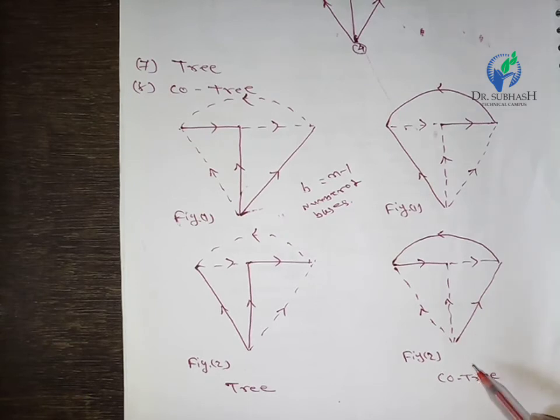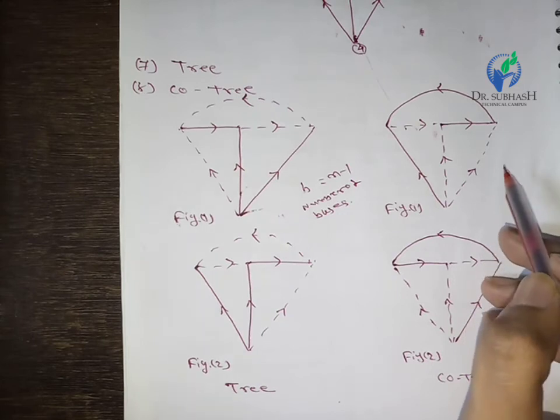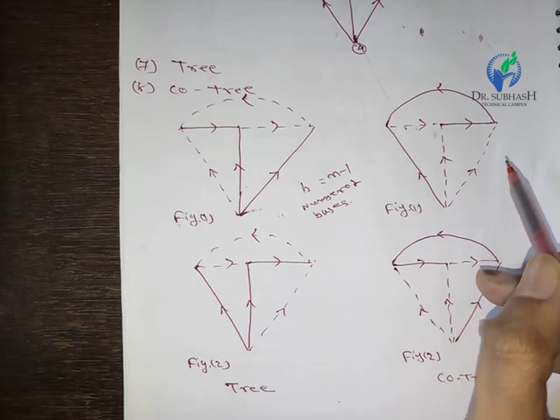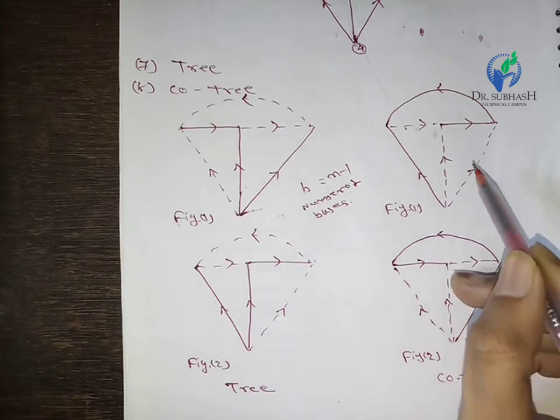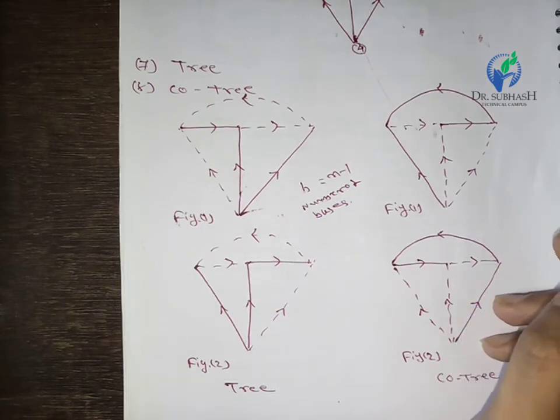Now we discuss the co-tree network. The links of the graph not included in the tree are called the co-tree. The co-tree is the complement of the tree.